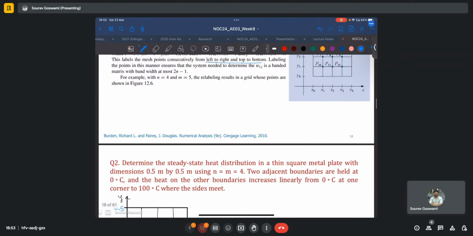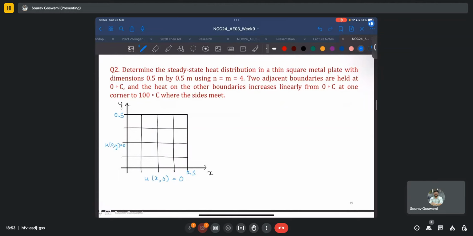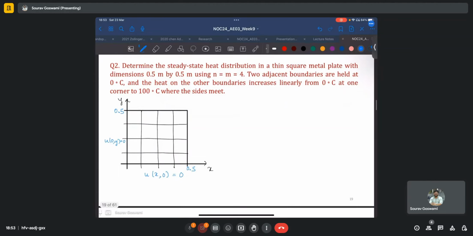And in the other two boundaries, it increases linearly from 0 degrees at one end to 100 degrees at the other. If you formulate that, it will turn out to be, let us just confirm. So at x equal to 0, the temperature is 0, and at x equals 0.5 along this line, the temperature is 100.